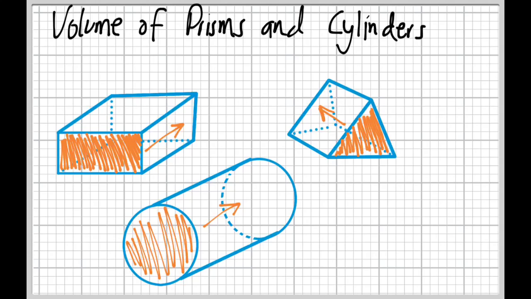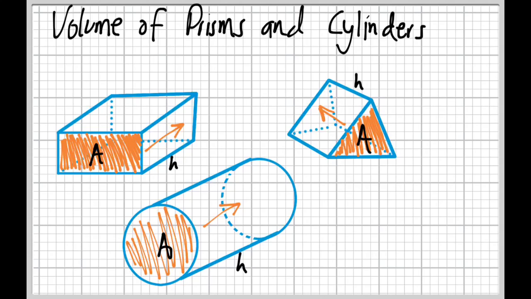Now, the great thing about prisms and cylinders is you basically find the volume the exact same way for all of them. They all have the shape that they started with, that was extended through space, and you can find the area of that shape. Area of a rectangle, area of a triangle, area of a circle.